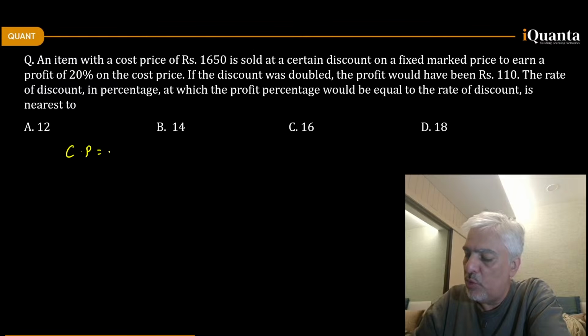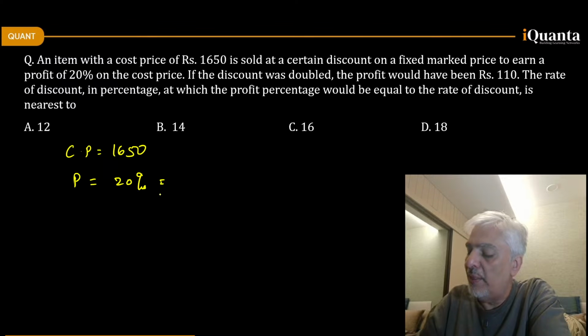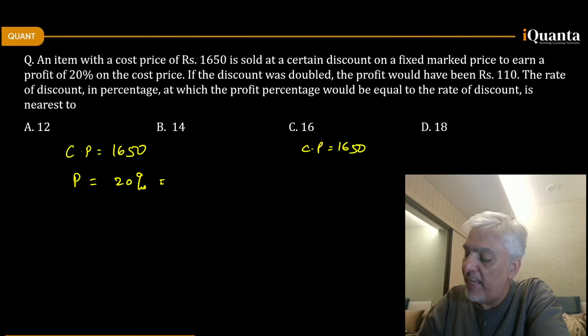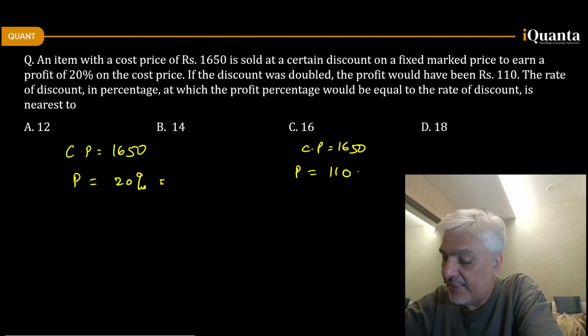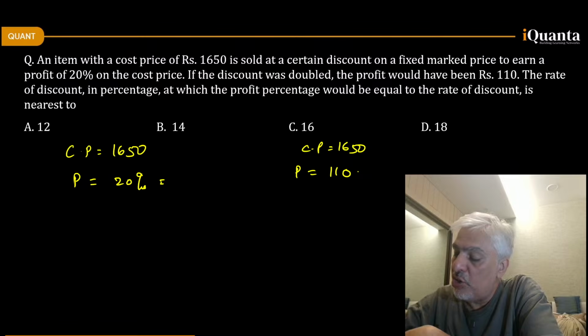Cost price is 1650. Case 1 का profit is 20%, which we can calculate. Cost price is still 1650. Case 2 का profit is 110 rupees. Mark price is constant. Only discount has been doubled.